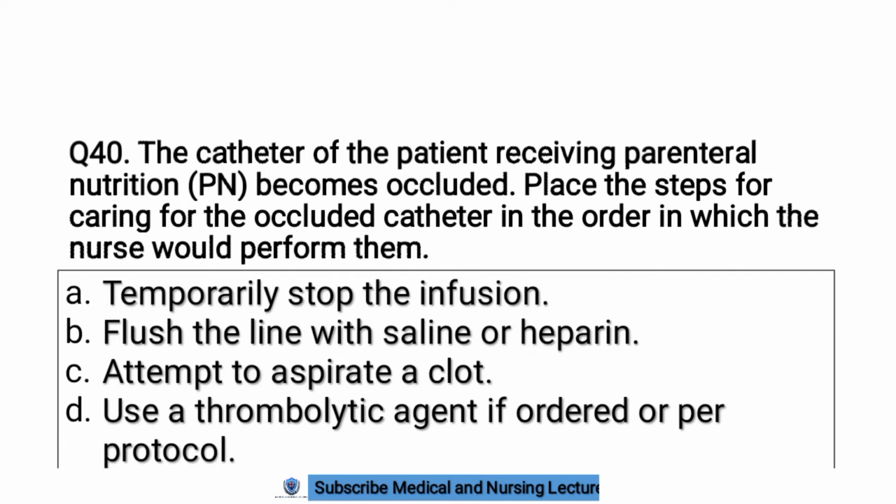So here the sequence would be, first of all, the nurse should temporarily stop the infusion, then flush the line with saline or heparin. Then the nurse should attempt to aspirate a clot, and in the last use a thrombolytic agent if ordered or per protocol.